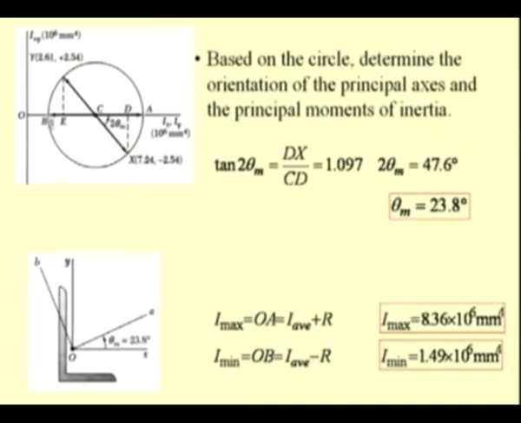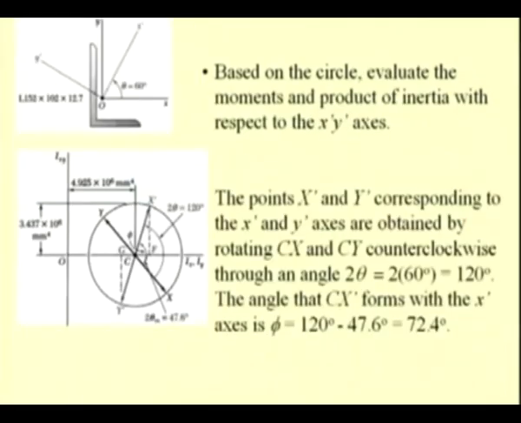So, you can graphically measure this, or you can also compute it as I average minus R, which is 1.49 into 10 to the power of 6. So, now we have determined the principal moments as well as the axes through which these principal moments have been computed.